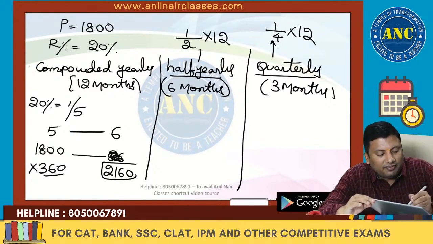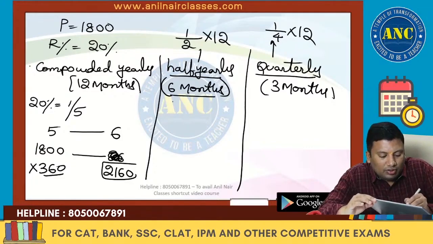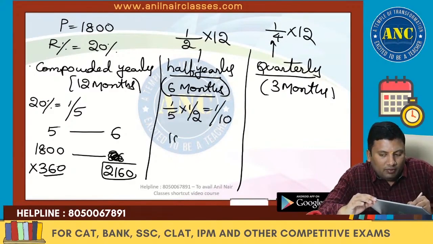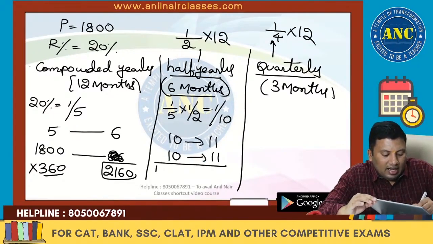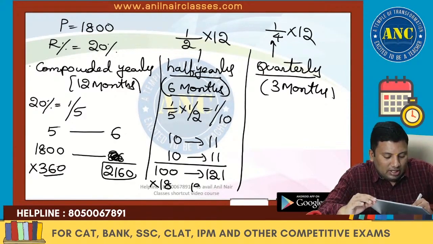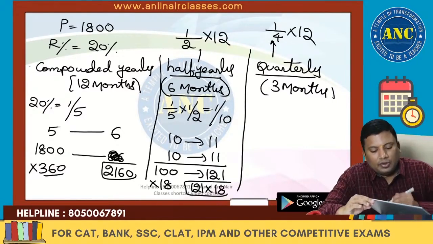If it is for 6 months, 1 by 5 into 1 by 2 is 1 by 10. 10 with one increase is 11, again 10 with one increase is 11, so 100 becomes 121. So it is 121 into 18 that I will get.